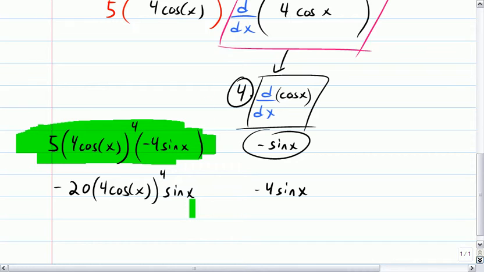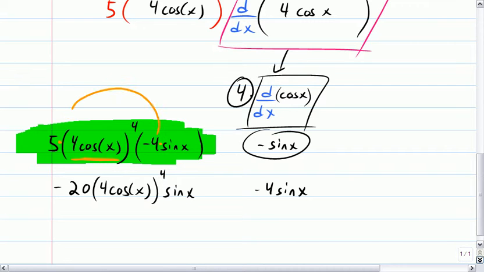I have one quick question. So let me get this one first. Okay. I can't touch any of the stuff in here because it's to the 4th power. But this is all multiplication, so I can reorder multiplication however I want.